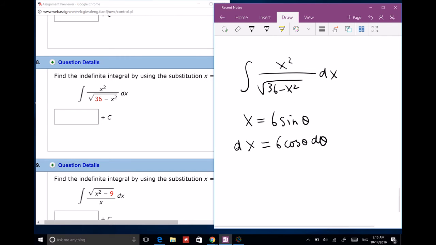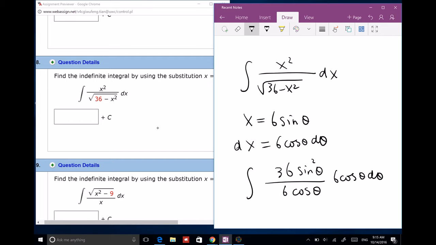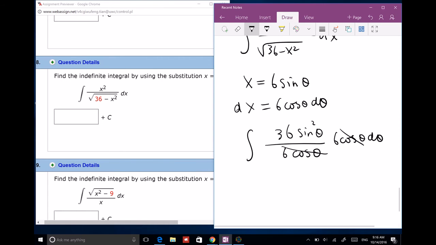You plug it in. So we got x squared is 36 sine theta squared. Plug this back into the bottom, it is 6 cosine theta. dx is 6 cosine theta d theta. This will cancel out. So the answer is going to be the integral of 36 sine theta squared d theta.